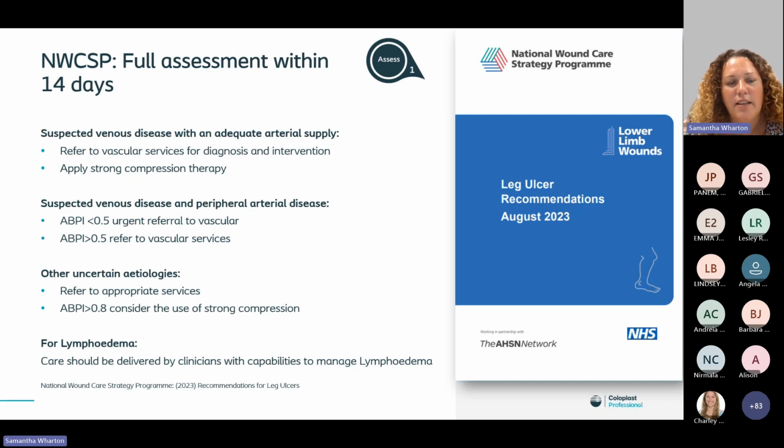And again, it's really important that you're completing that full assessment within those 2 weeks. If you're unable to ascertain the etiologies, you need to refer on to other services. For example, it may be that there's lymphedema there, and you'll be able to refer to the lymphedema service.